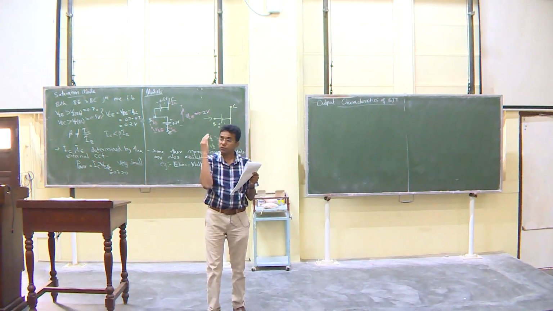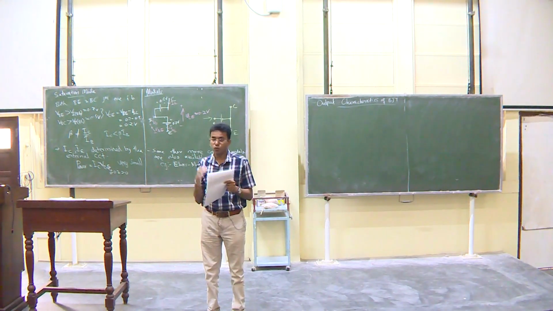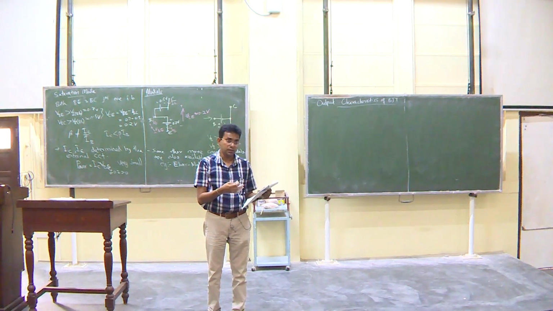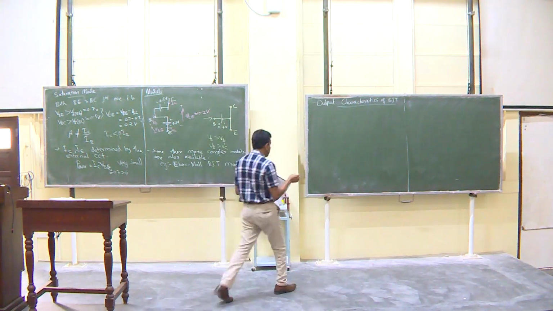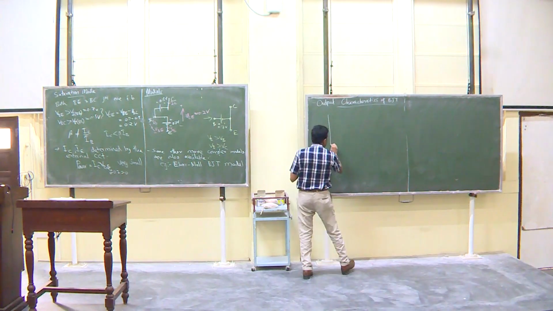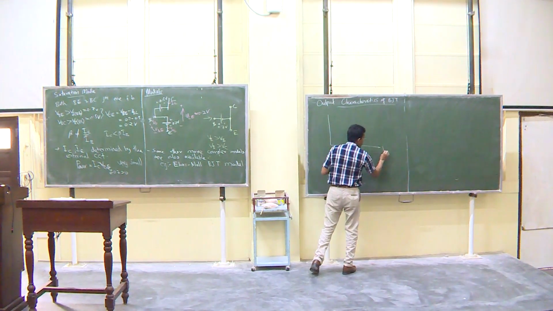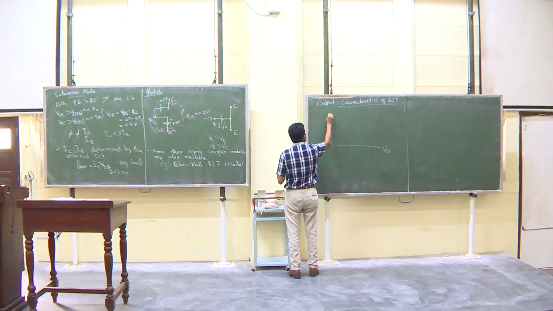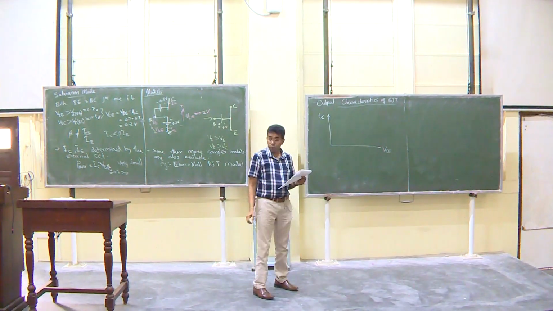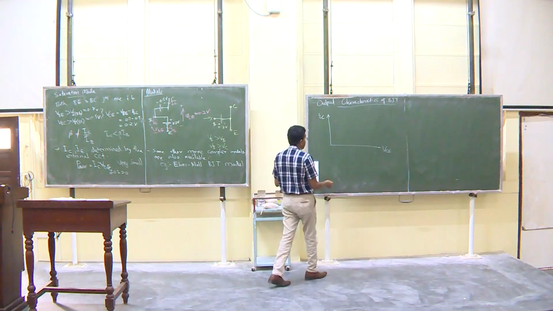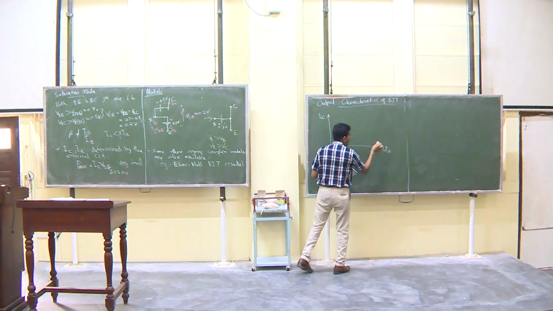The relationship between output current versus output voltage. What is the output current? IC. What is the output voltage? VCE. So, it is basically nothing but a relationship between VCE and IC. Right. You have already seen this.